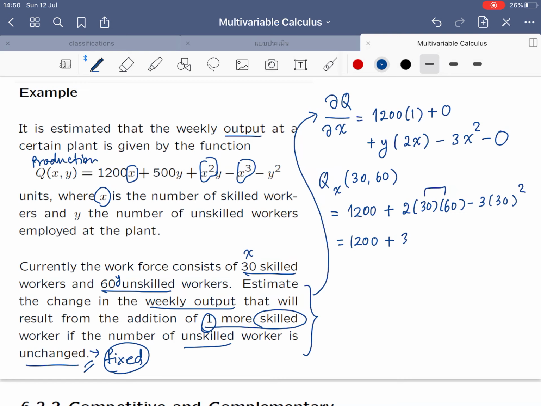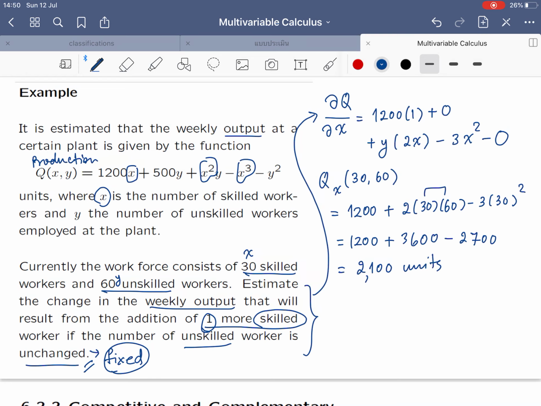You got 36 hundreds, and you have minus 27 hundreds. Okay, so if you want, you can do it using your brain or using your calculator, and it gives you 21 hundreds, okay, units.